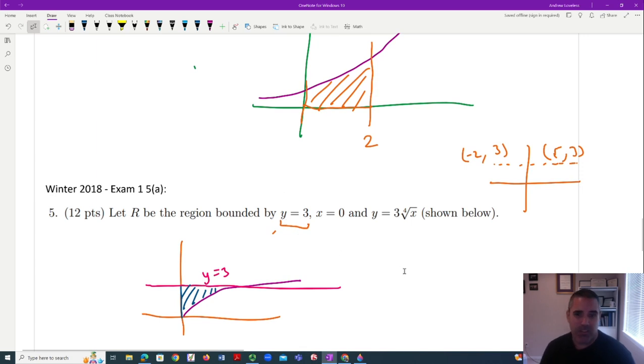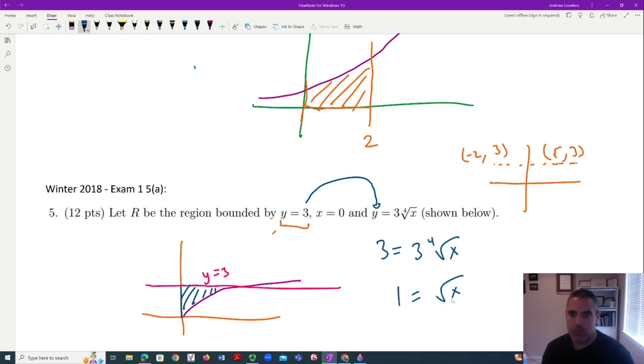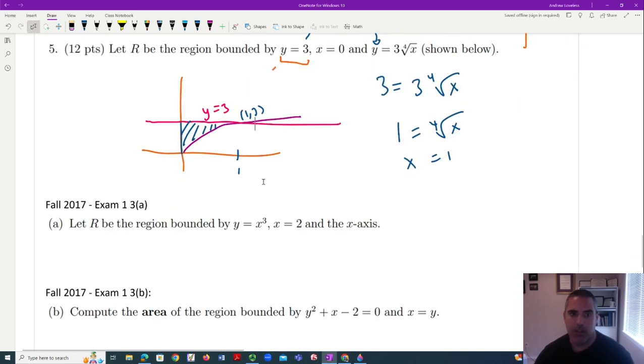At some point you're going to find the intersection. That's actually not so bad, because the intersection would be when this is true, which is 1 is the fourth root of x. So x is 1 to the fourth, or just 1. So I know that's at 1. So this is 1, 3, and we're ready to go. The question then asks you to do some stuff with that.